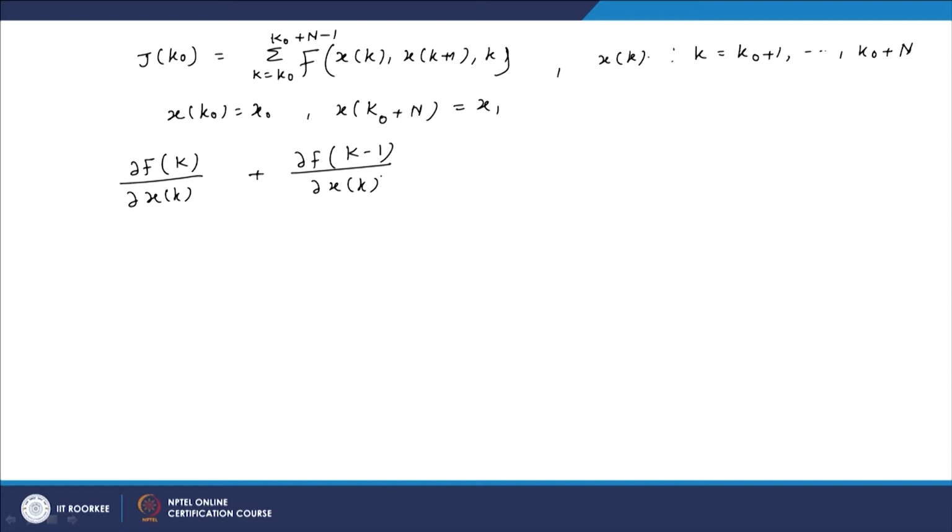Here f of k means f of x of k plus 1 and k, and f of k minus 1 denotes that wherever k is there in this expression we put k minus 1, that is f of x of k minus 1, x of k, k minus 1.